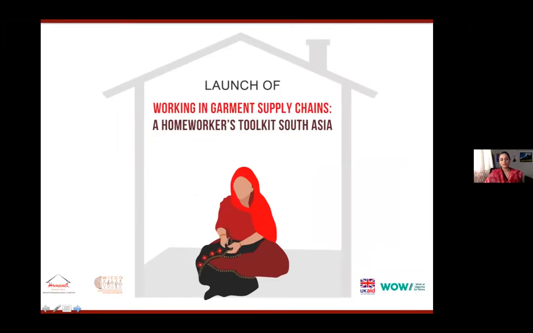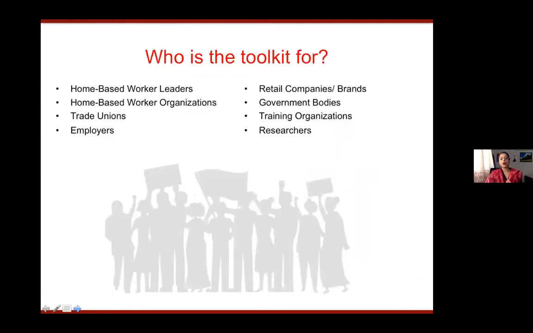Okay, before we start, we wanted to answer a few questions. We were asked when we sent out this invite, who is this toolkit for? Both Shabnam and Jaylakshmi have talked about how it is very useful for home-based worker leaders. It's also very important for home-based worker organizations and trade unions. We also believe it's useful for employers, the retail companies and brands.